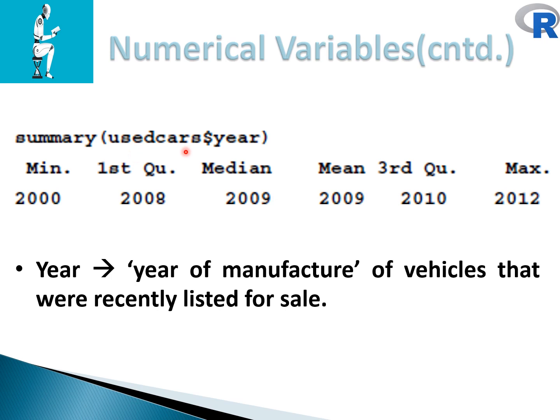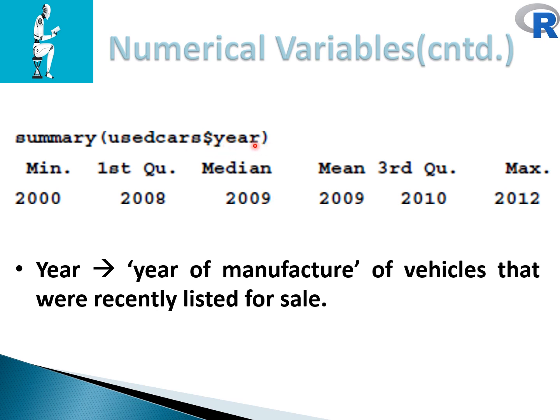So usedcars is a dataset which is available in R itself, and we want to find the summary of the field year in usedcars. Year is a particular attribute in the usedcars dataset. In order to extract the summary, just specify the summary command, then usedcars, which is the name of the dataset, followed by $year.